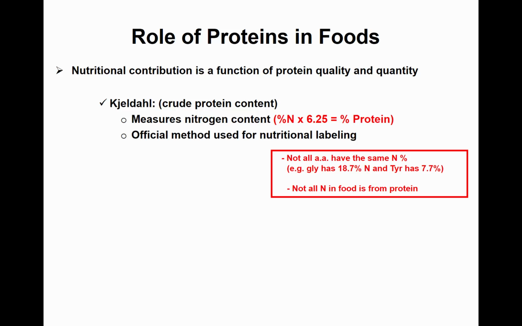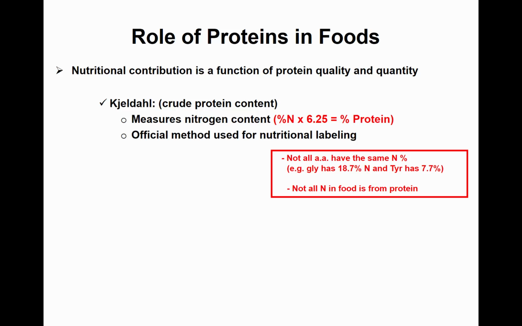It measures all nitrogen and converts that to protein using a conversion factor, which is based on the percentage of nitrogen a certain protein has. And the percentage of nitrogen a certain protein has depends on the amino acid composition, because different amino acids have different amounts of nitrogen. So a factor is generated based on the percent nitrogen.